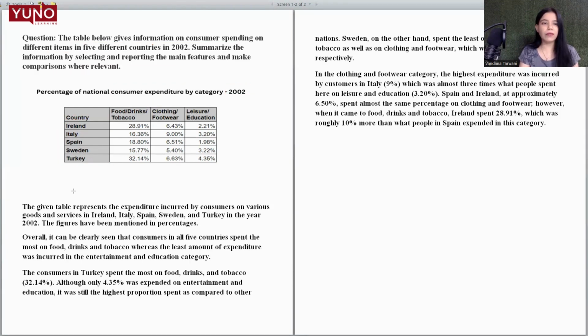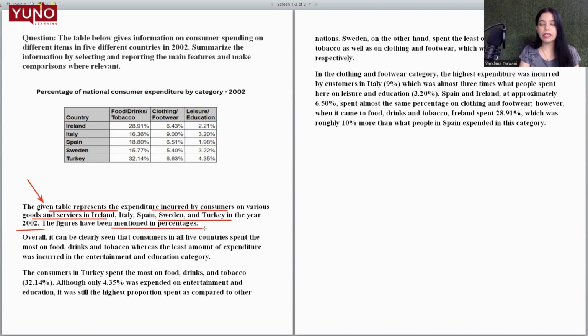In the very first paragraph, the introduction paragraph, we have paraphrased the question statement. We have written the same thing that the question is telling us, but we have changed the language. We are saying the given table represents the expenditure incurred by consumers on various goods and services in Ireland, Italy, Spain, Sweden, and Turkey in the year 2002. The figures have been mentioned in percentages.